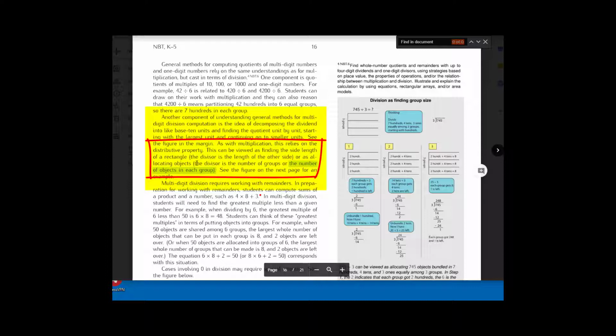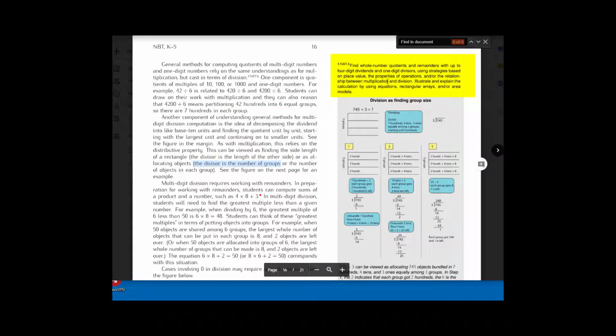What we did not see is when the divisor is the number of groups, which is quotitive division. So I'm going to put an additional video linked here for you to see the difference between the two, but both of them have to be addressed in this standard.